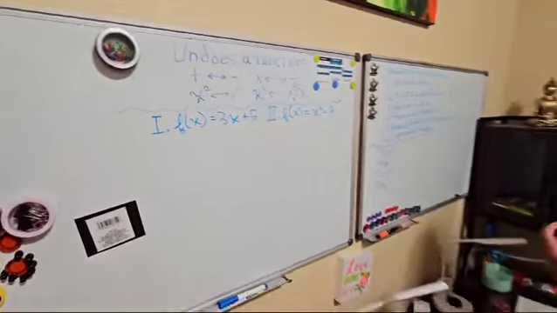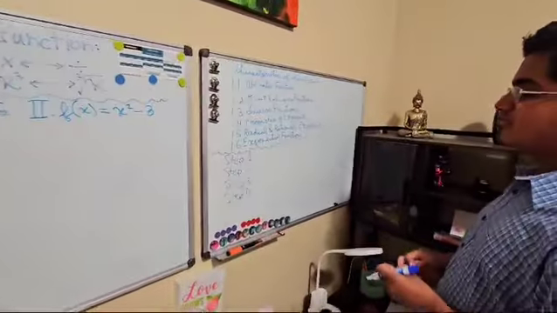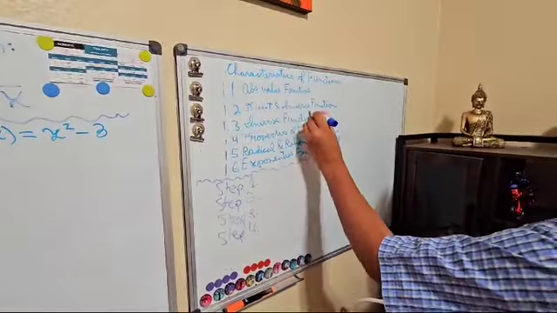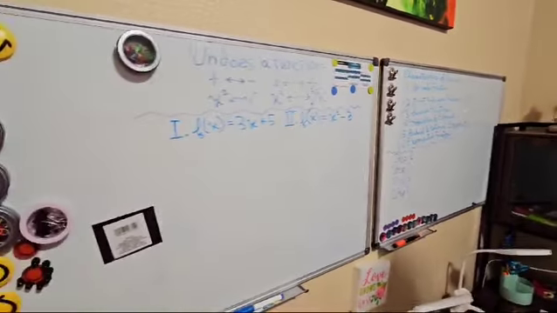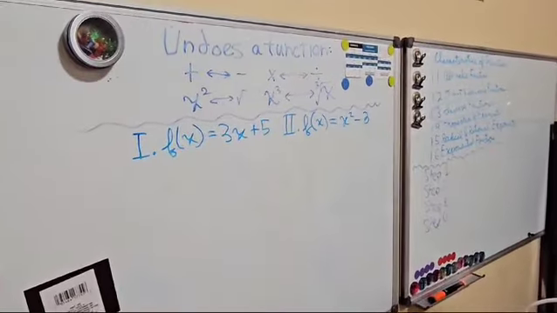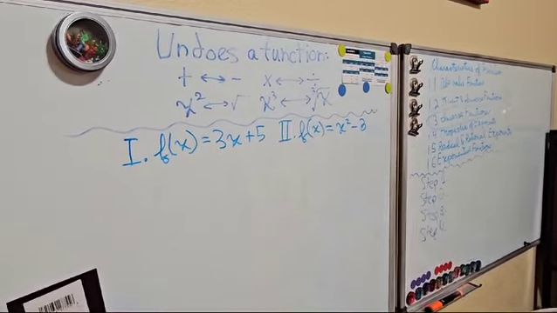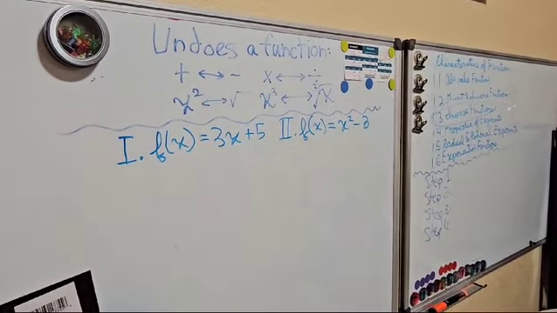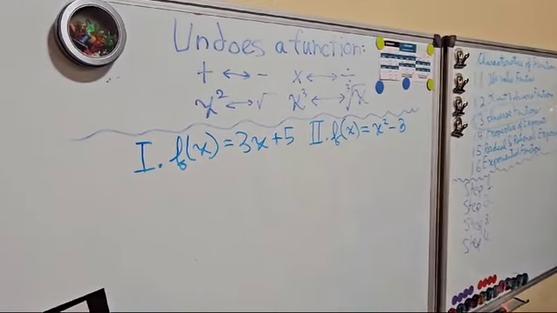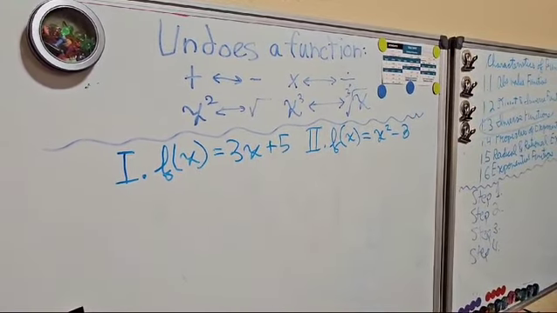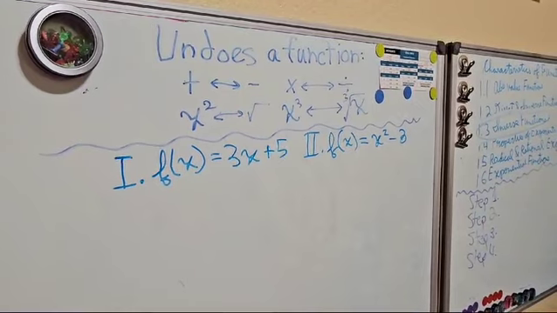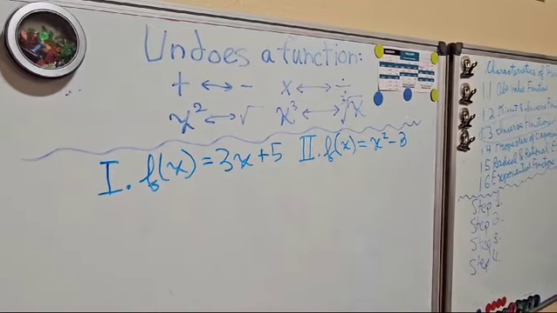So today we will be covering 1.3, the inverse functions. So what inverse functions do is undo a function, just like addition undoes subtraction, multiplication undoes division, the square root undoes squares, and cube root undoes cubes, and vice versa.